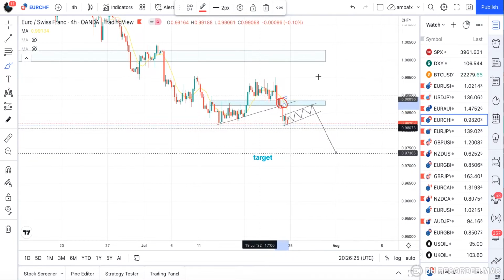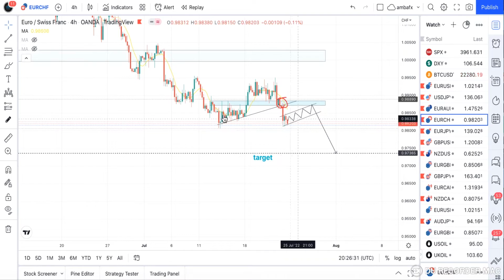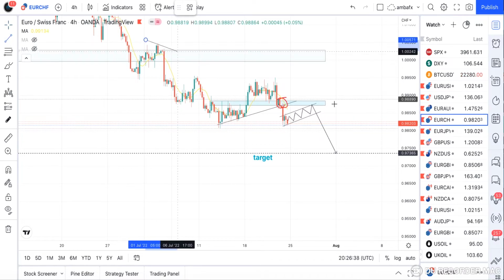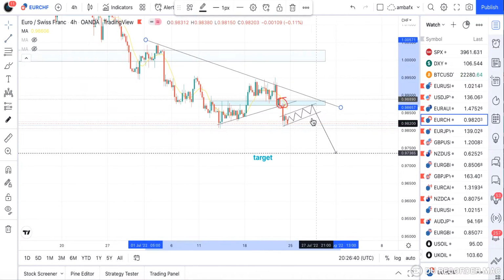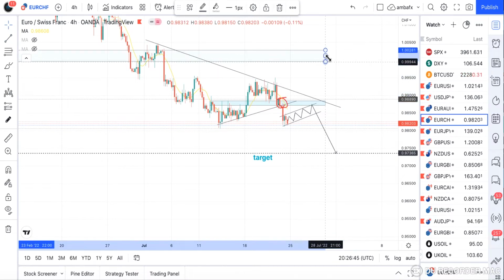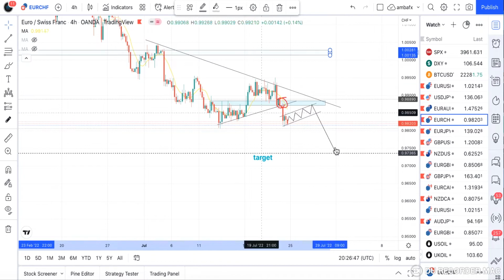Just find your entry around that particular area. If you are in a bullish bias, then you should wait for this trend line to break to the upside. Then you know how you maneuver your way to this particular side. So any retracement to the upside is an opportunity for us to sell to 0.97360. That's our target right there.